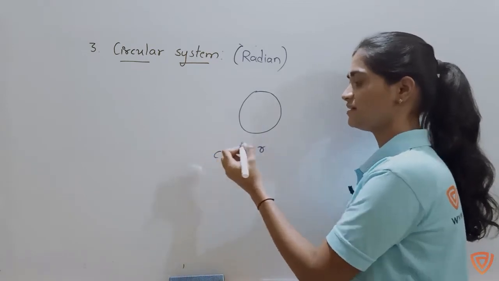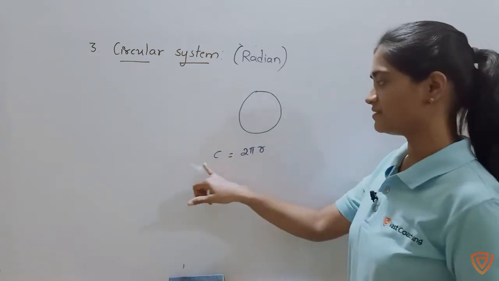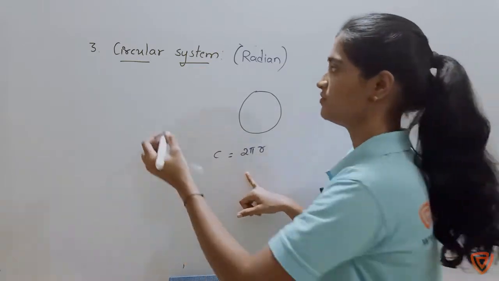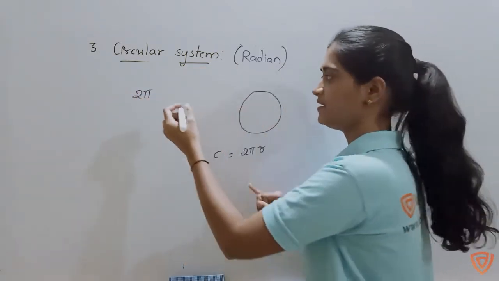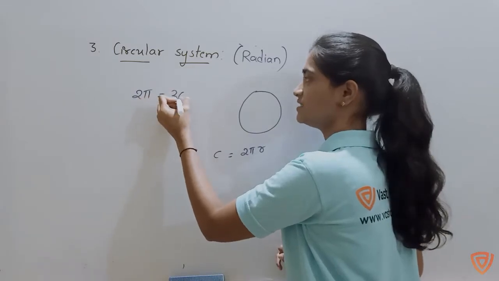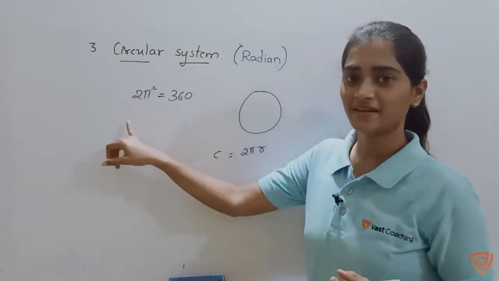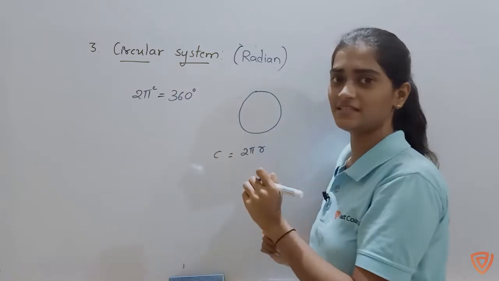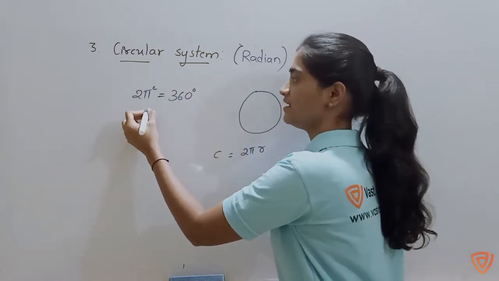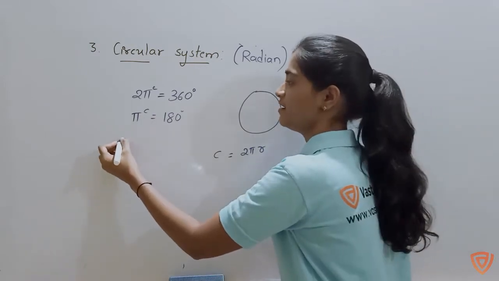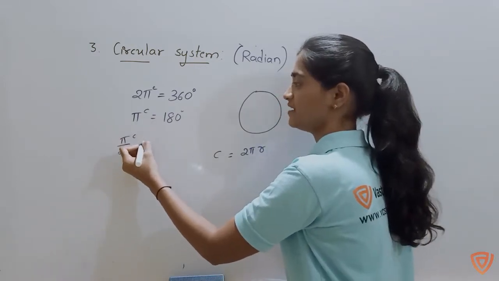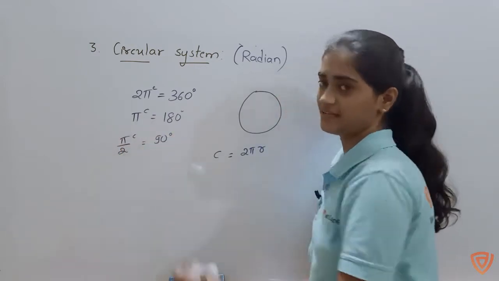When I take the unit circle, the circumference will be 2 pi. So 2 pi, that's nothing but one complete rotation, is 360 degrees. So 2 pi radian is 360 degrees and pi radian is 180 degrees, or simply I can write pi by 2 radian is nothing but 90 degrees, right?